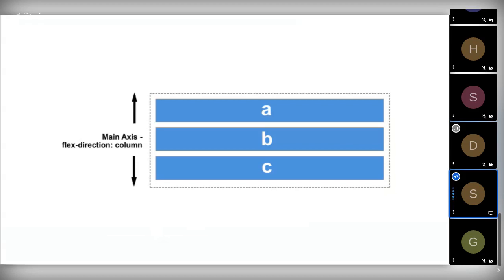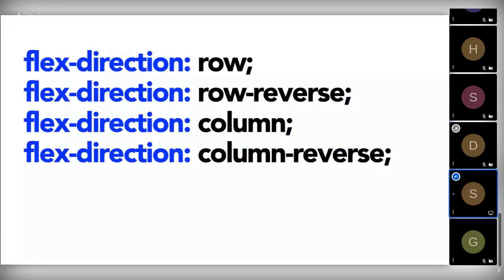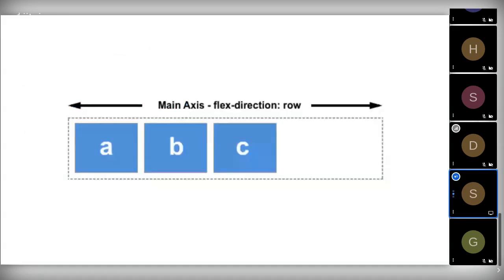So if you, for example, used row reverse, which you can see here, row reverse and column reverse, it's going to keep the items in a row, but it's going to flip the direction of those. So if you imagine you had these 3 boxes here that say A, B, C, if you reversed it by using, say, row reverse, then it would be C, B, A. So C would be in position 1, B would still be in position 2, but A would be in position 3. So you can quite easily just reverse things by sticking reverse on the end.